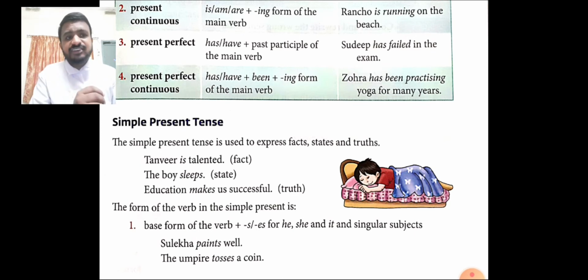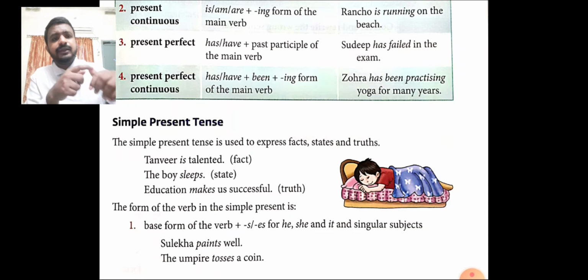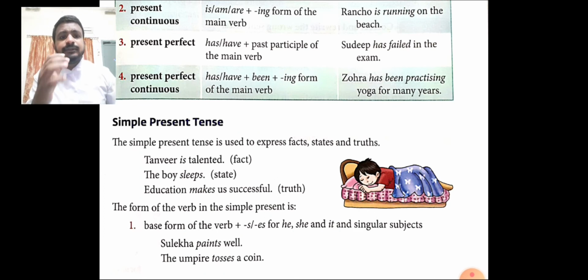Friends, you need to understand that the verb changes according to the subject. If the subject is he or she or it or any other singular thing, then we need to add s or es in the simple present tense with the verb. For example, the umpire tosses a coin.